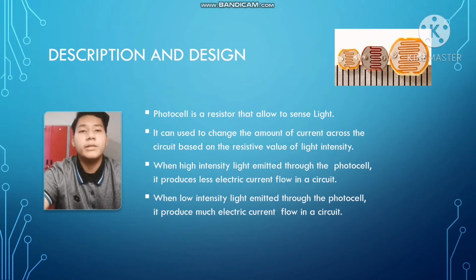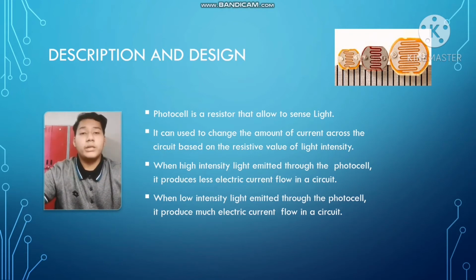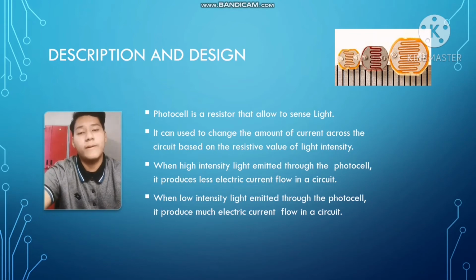When high intensity light is emitted on the photocell, it produces less electric current flowing in the circuit because the resistance becomes big. But when there is low intensity light, which is when the surrounding becomes dark, it will produce more electric current that can flow in the circuit.